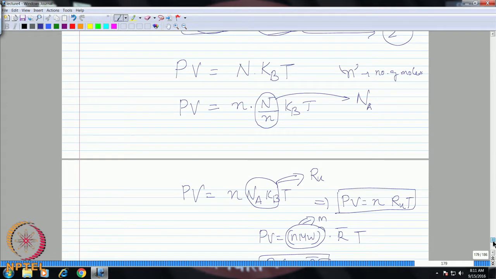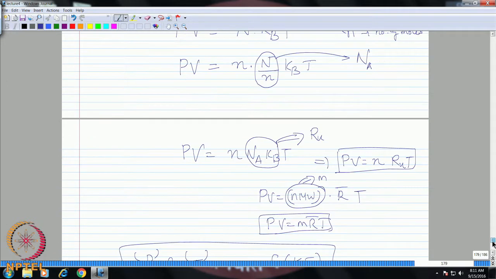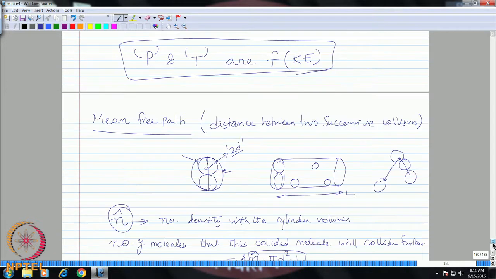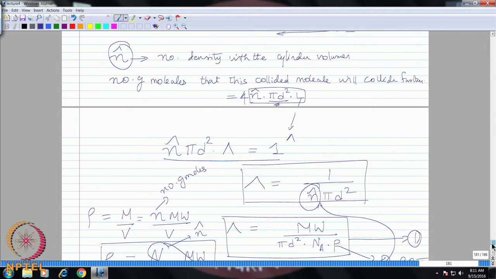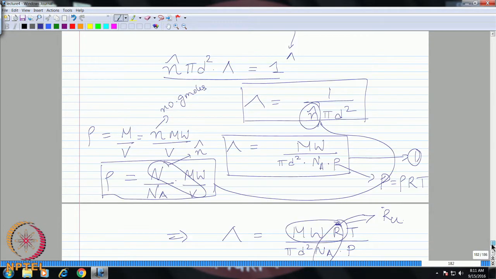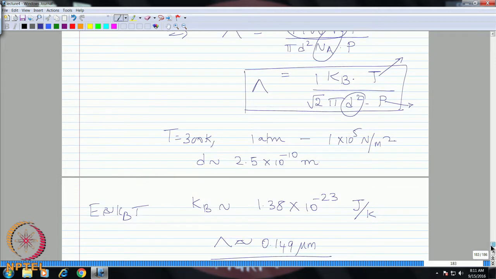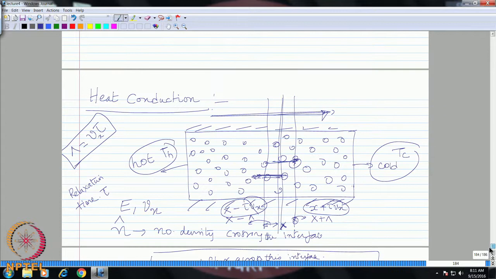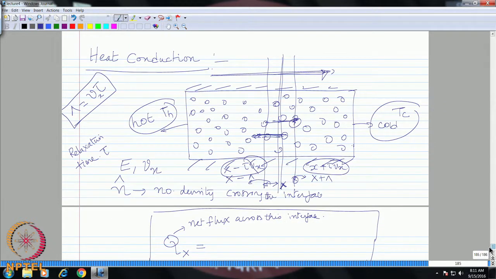Fundamentally, if you are looking at temperature and pressure of these gases, they are functions of the kinetic energy of the gas molecules, right. So, once you know them, you calculate the mean free path, and once you know the mean free path, now we apply the kinetic theory for the transport process.